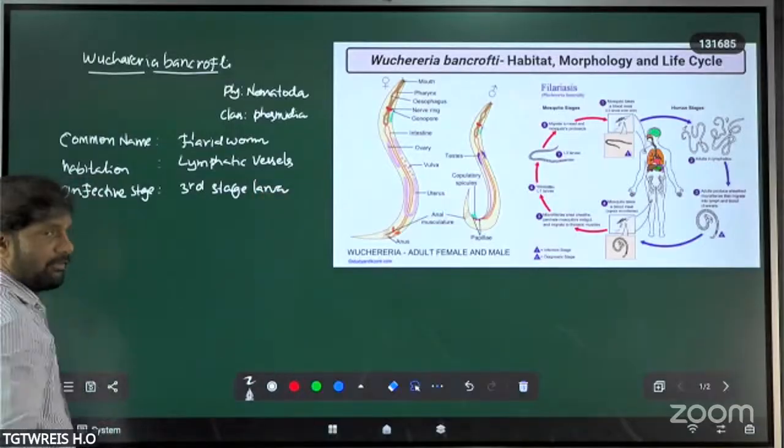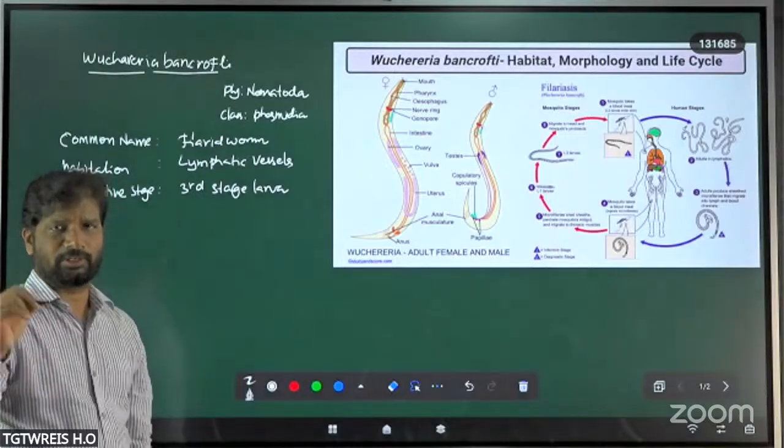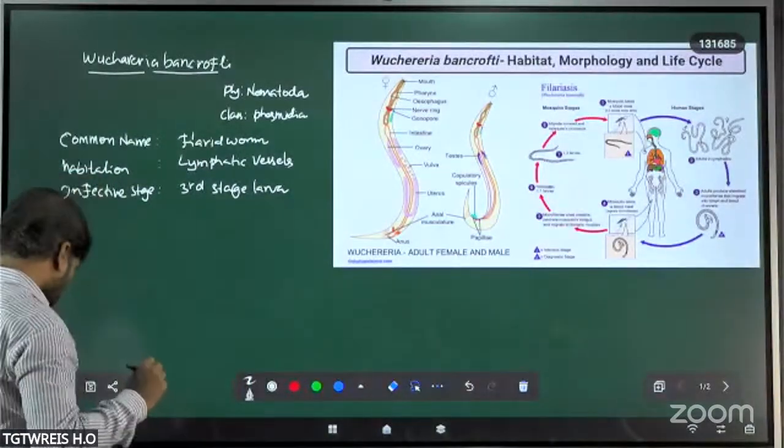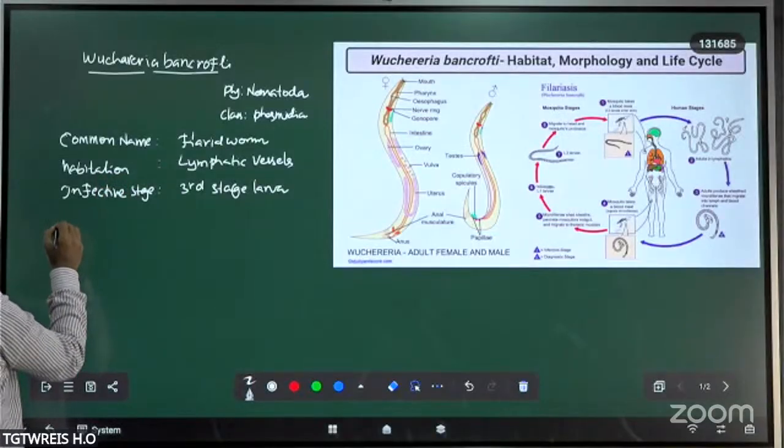It is the infective stage of Wuchereria bancrofti to human beings. So here we have the common name, habitation, and infective stage.